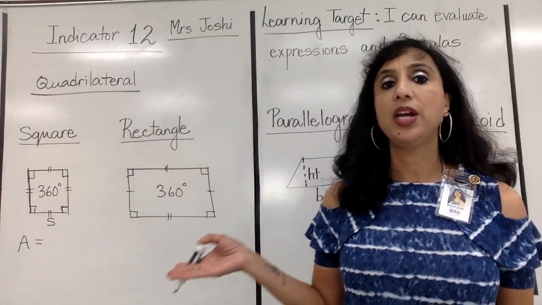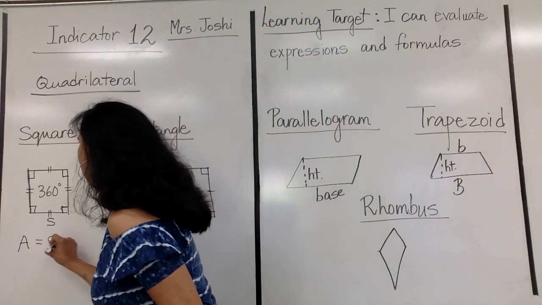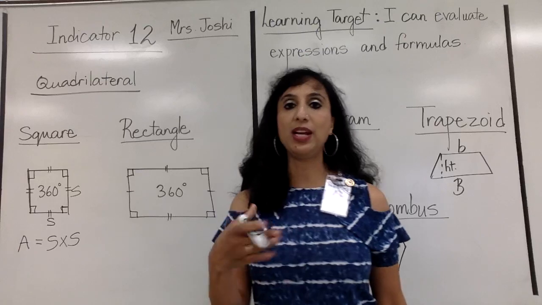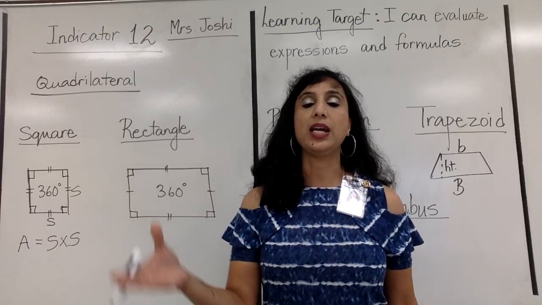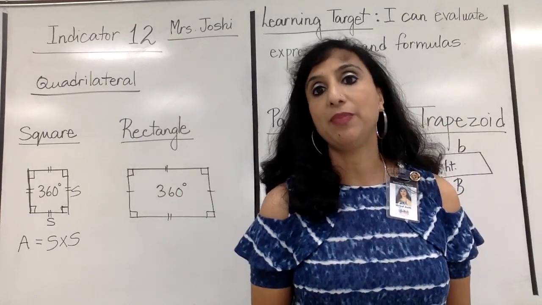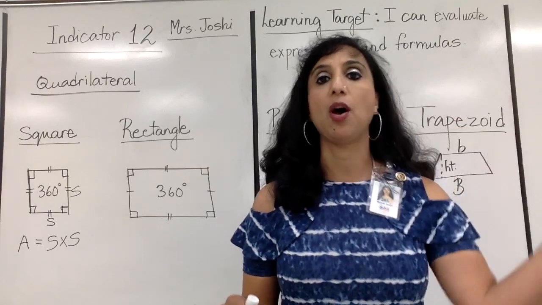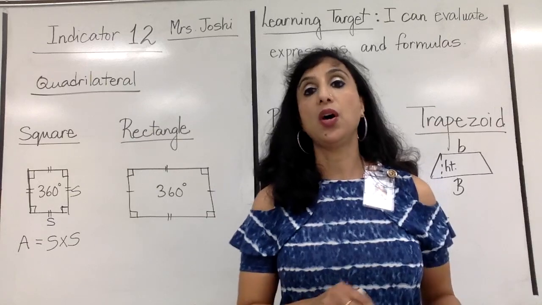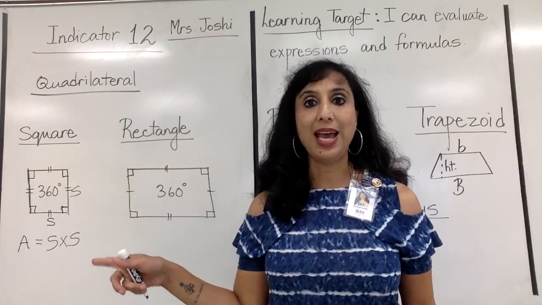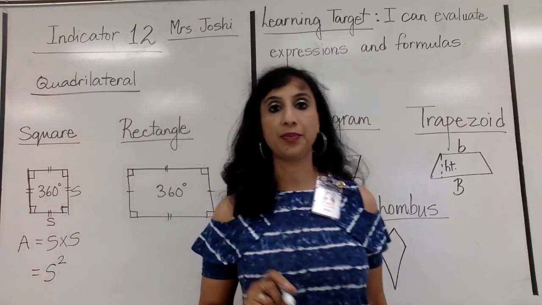If S is given to you, you know that for area, all I have to do is S times this side, S. So in a rectangle, we say length times width, but basically, all your quadrilaterals are length times width, or base times height, or this times this. So it's pretty simple. Now here, because it's a square, all sides are the same. Instead of saying S times S, we can also write it as S squared.